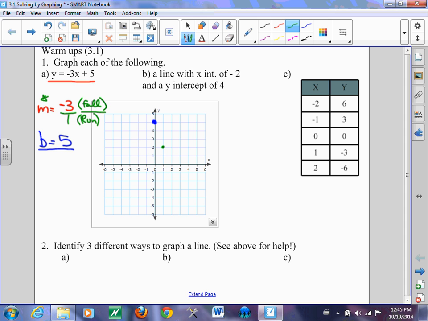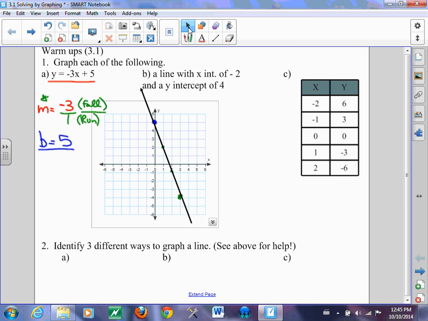Keep going. Down 3, over 1. Keep going. Down 3, over 1. So you get a nice pattern. And what we're going to do is draw a line right through your grid, ladies and gentlemen. So I'm going to take my ruler, straight edge, guys, and you're going to join them right through.